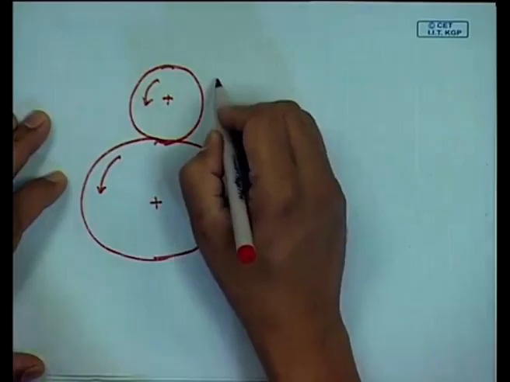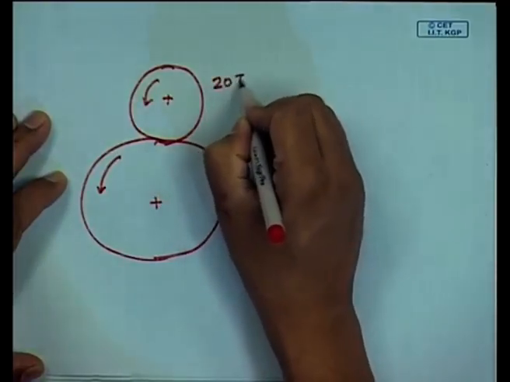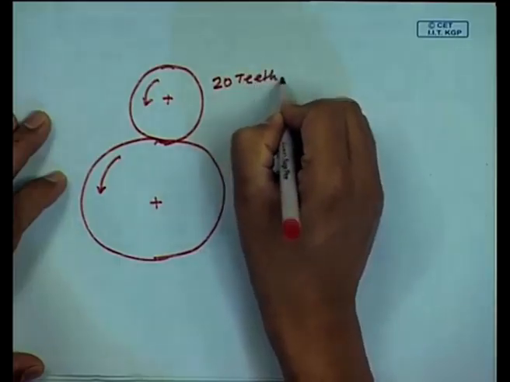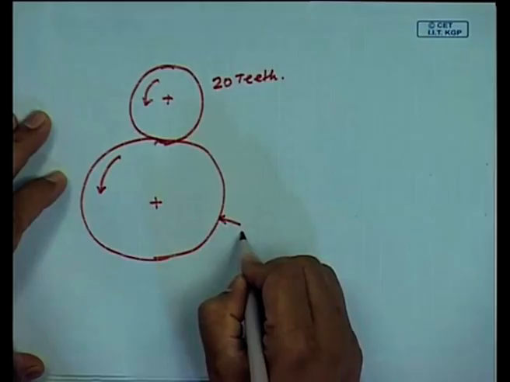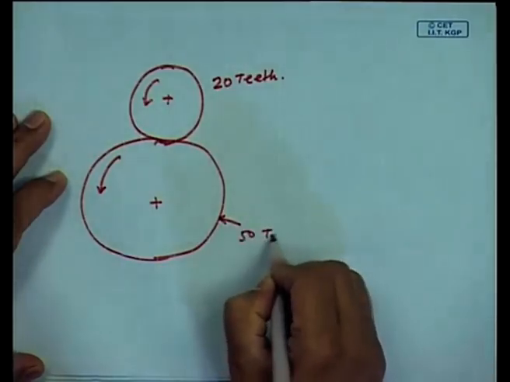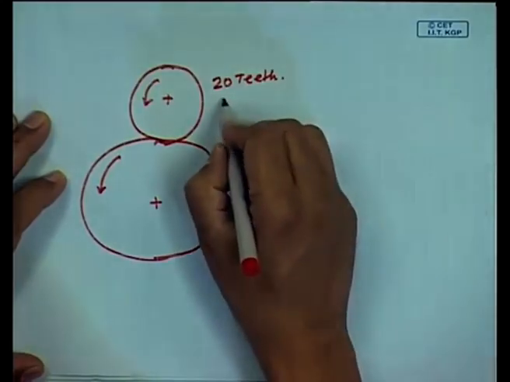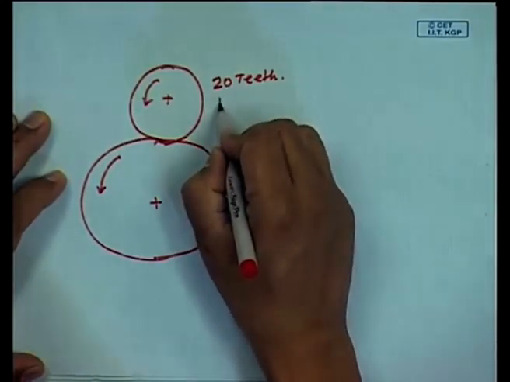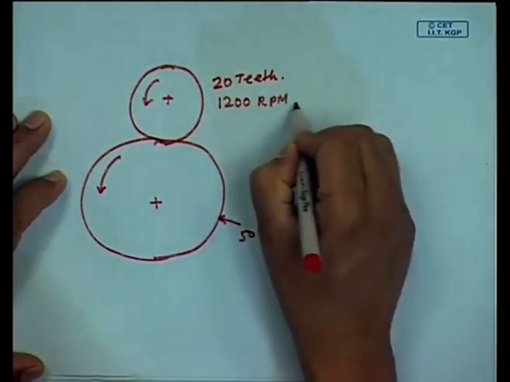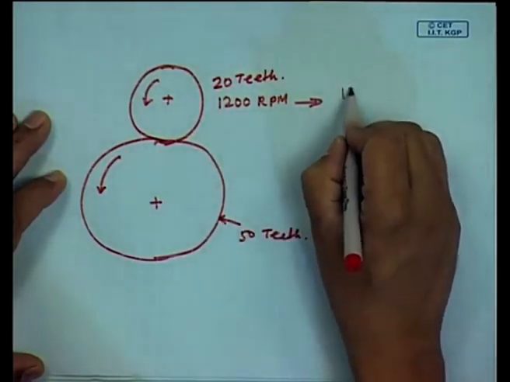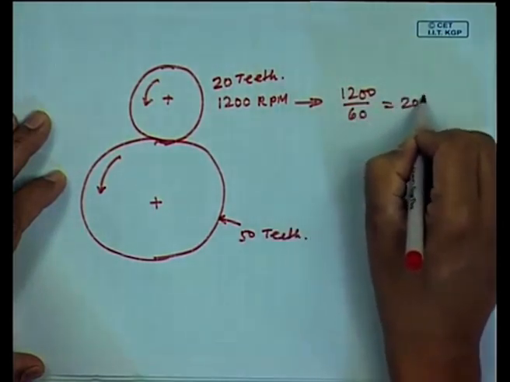Okay. So, this is having 20 teeth, and this is having 50 teeth. Suppose this is running at 1200 RPM, and this corresponds to 1200 by 60, that is 20 hertz.